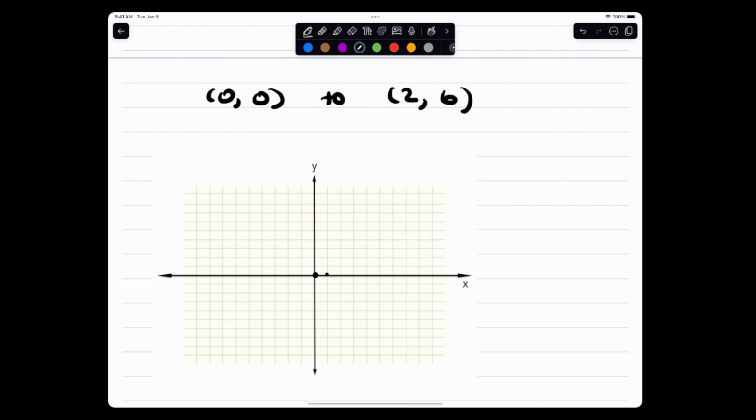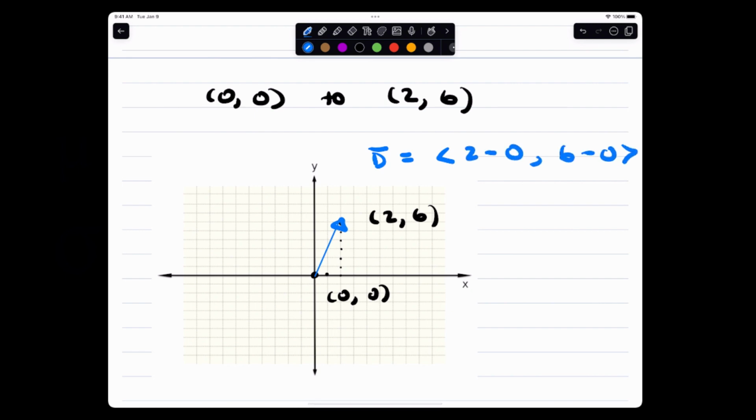Go to 2, 6. 1, 2, 1, 2, 3, 4, 5, and 6. So we can get a d vector is what I'm saying. What's that vector d? Isn't it 2 minus 0 and then 6 minus 0? So that d vector is 2, 6.